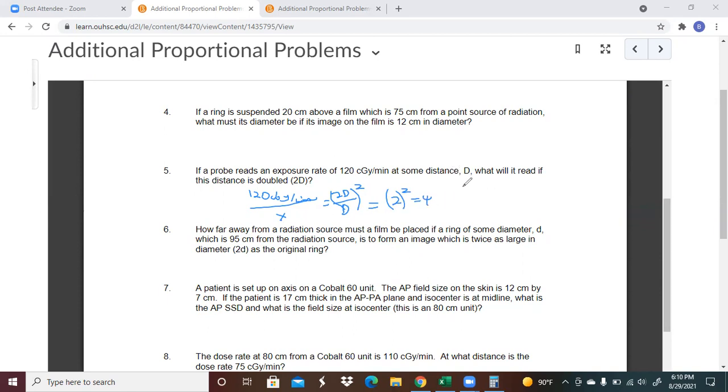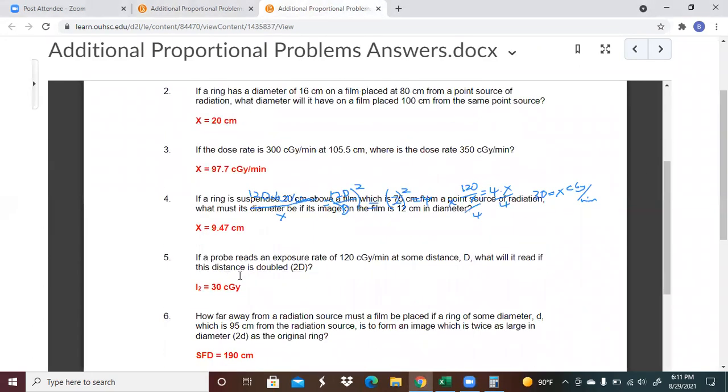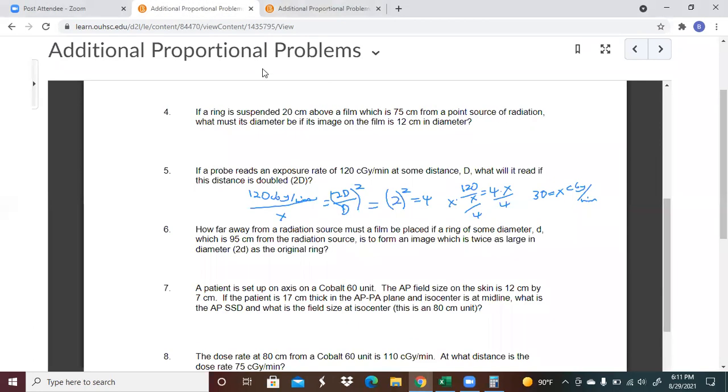So doing some cross multiplication, if I've got 120 divided by x is equal to 4, multiply both sides by x, and then divide both sides by 4, you end up with 30 is equal to x, and that should be in centigrade per minute. Now, am I right? I could be lying to you. But as it turns out, I'm not. Okay.